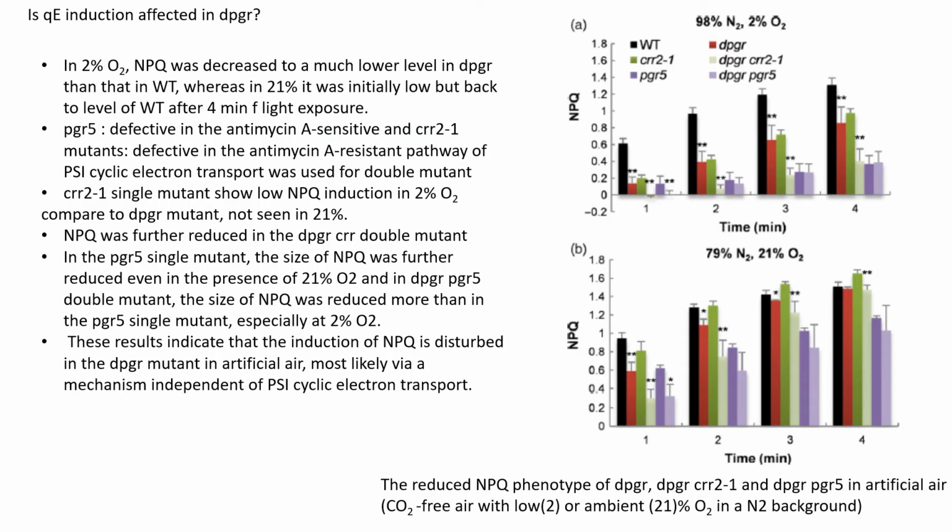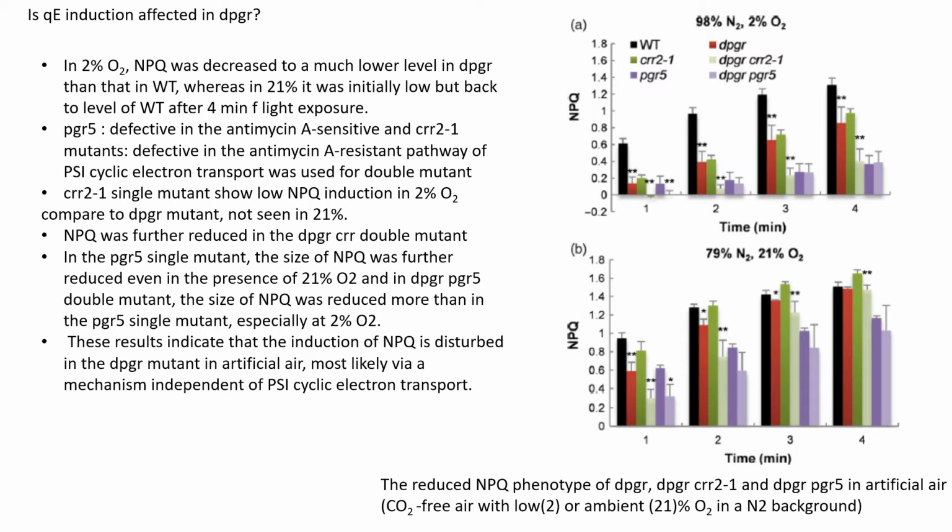The biggest question is how is QE induction of NPQ affected in this DPGR mutant? For doing that experiment, the same kind of environment that was used for the previous experiment was used, along with another ambient environment of air.